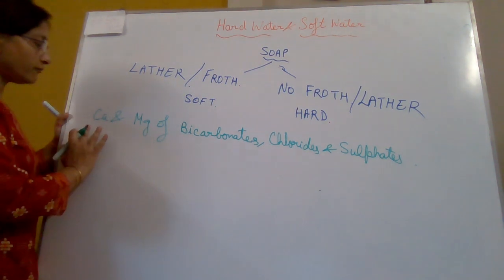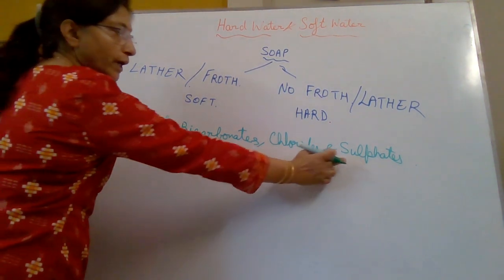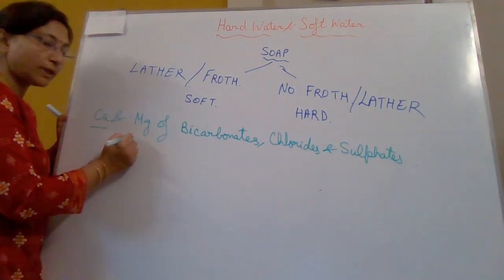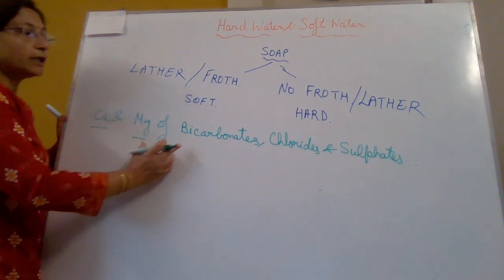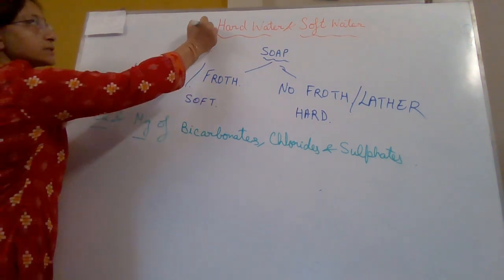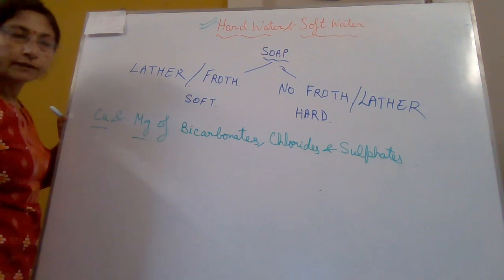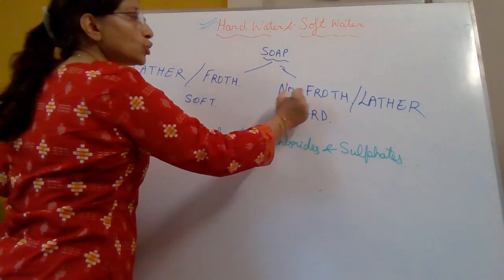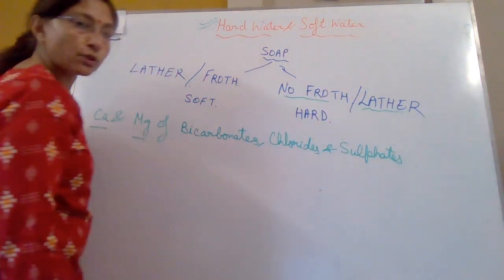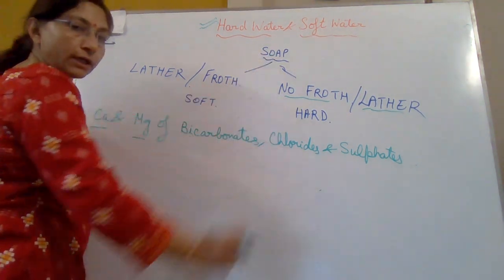So if we have the bicarbonates, chlorides and sulfates of calcium and magnesium, then their presence makes the water hard. That means in that case no lather or froth is formed when the water is used with the soap.